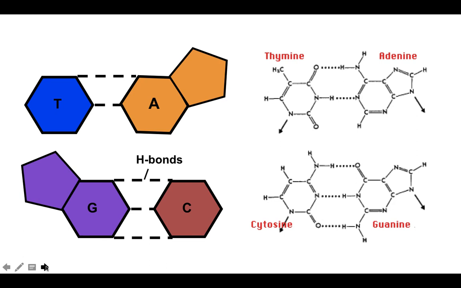Actually, the number of hydrogen bonds, or I would say the composition of the DNA in terms of its guanine-cytosine and adenine-thymine percentage, will have some implications to the temperature needed for denaturing DNA.